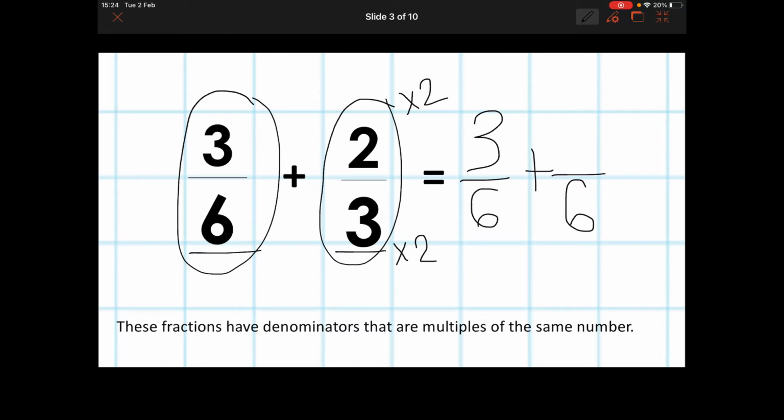So 2 times 2 is 4. I cannot just leave it like this because I haven't added them. All I've done here is make them have the same denominator. So now both fractions have the same denominator, I can go ahead and add them.